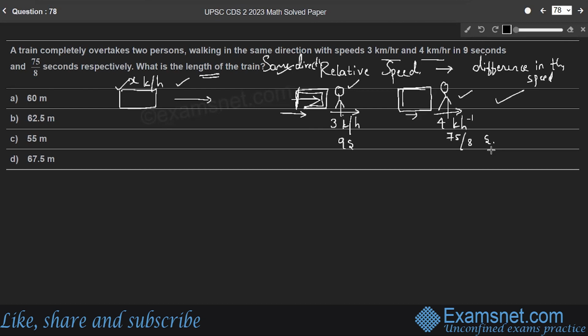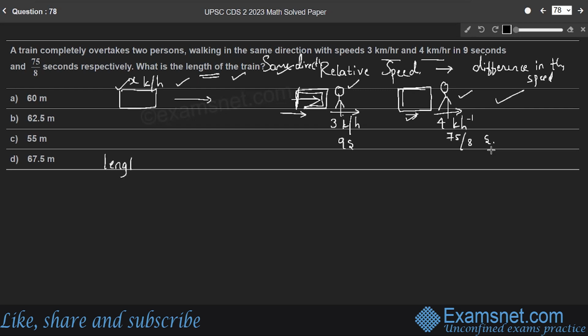Compared to the length of the train, the length of the person is very negligible. Therefore, we take the length of the train as the distance covered by it when it passes that person.